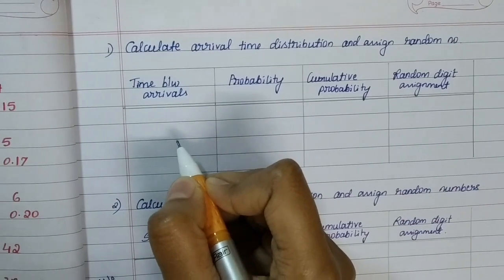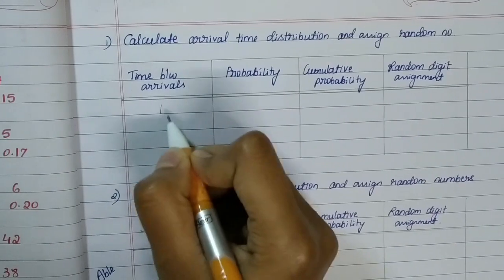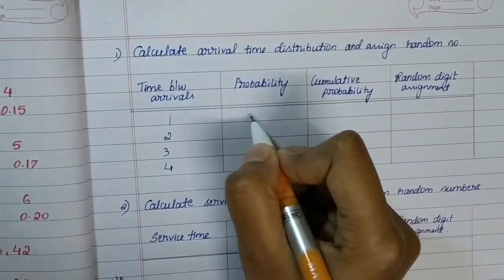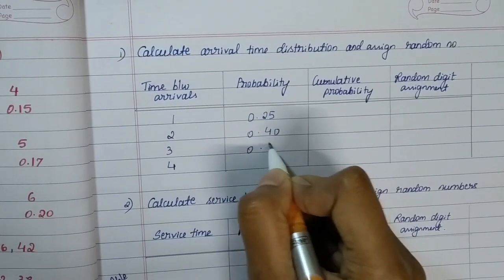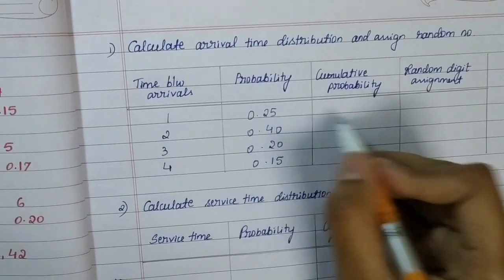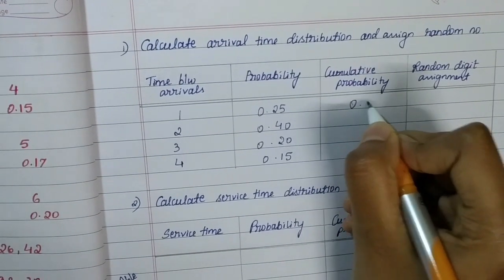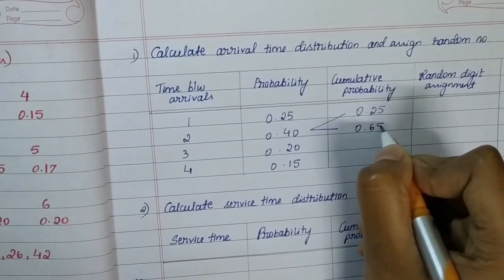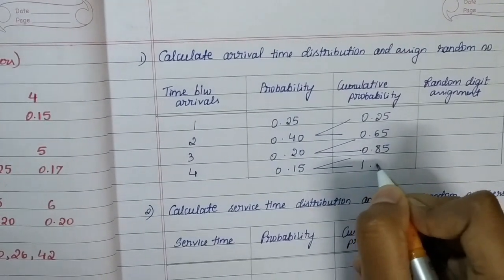Now let's start filling the table. The time between arrivals are given as 1, 2, 3, 4 and the probabilities are given as 0.25, 0.40, 0.20, 0.15. Cumulative probability can be found just by adding these probabilities. So the first one is 0.25 plus 0.4 becomes 0.65, 0.85 and 1.00.